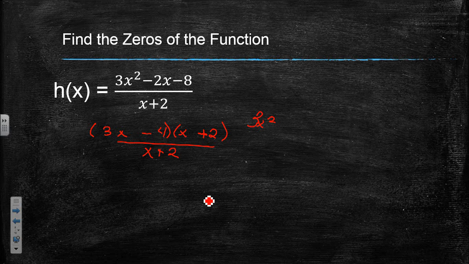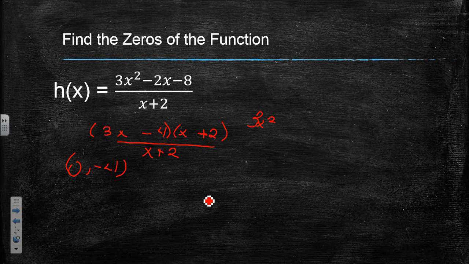So what would be my zeros? Well, if I let x be 0, when x is 0, y is going to be a negative 4. Okay?